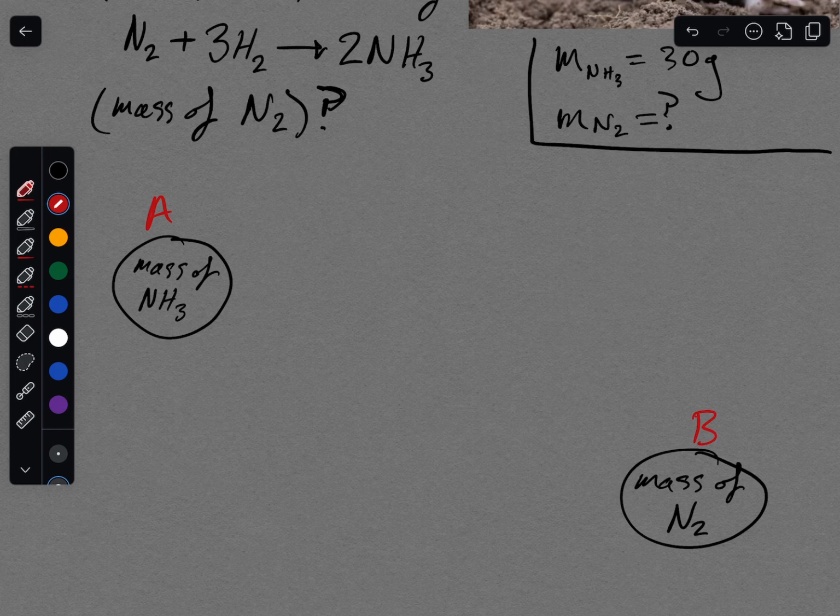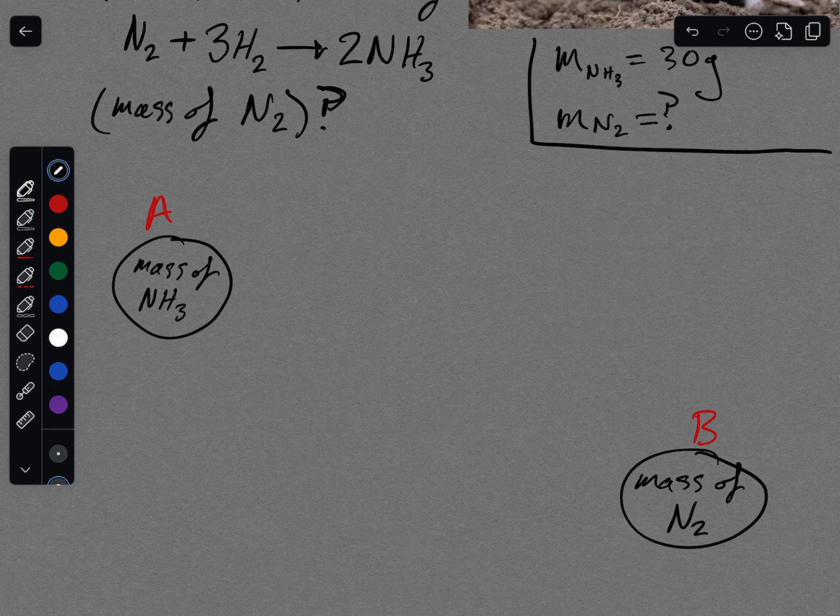Okay. So one thing is I'm going to need to relate the mole ratios of these two things. The reason being, and we've talked about this a lot, just because you have a ratio of moles of two compounds, that does not mean that ratio holds for the masses. And in fact, in general, it does not hold.